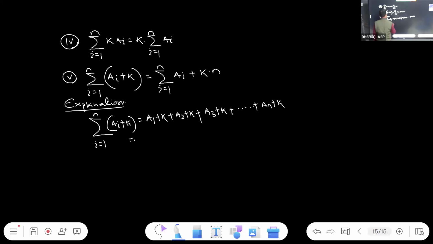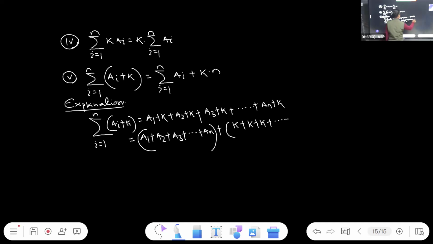This is equal to a1 plus a2 plus a3 plus up to an, plus k plus k plus k up to n times k. This is equal to sigma i equals 1 to n ai plus n times k. Okay.